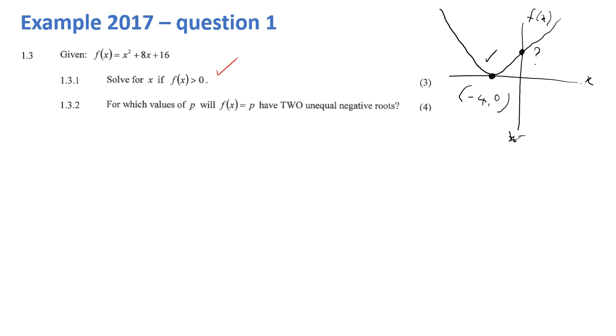So what's the question then? The question is, for which values of this p will this function have 2 unequal roots, right? So what this in essence is asking us is, with f(x) equal to 0, this function has equal roots, because both of them are -4.